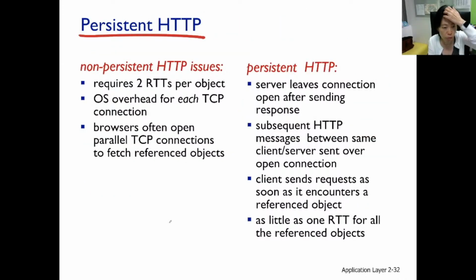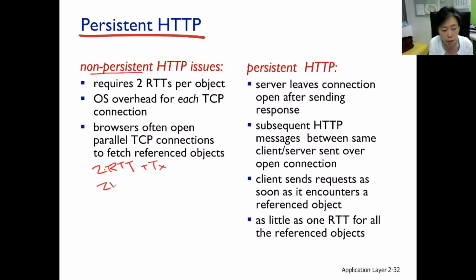Now we can try to account for the response time for that page we were loading, the something.edu object there. So we have the base and then 10 more objects, altogether 11 objects. If we're running the non-persistent HTTP connection, then we have 2 round trip times plus the transmission time for object number 1, the base object.